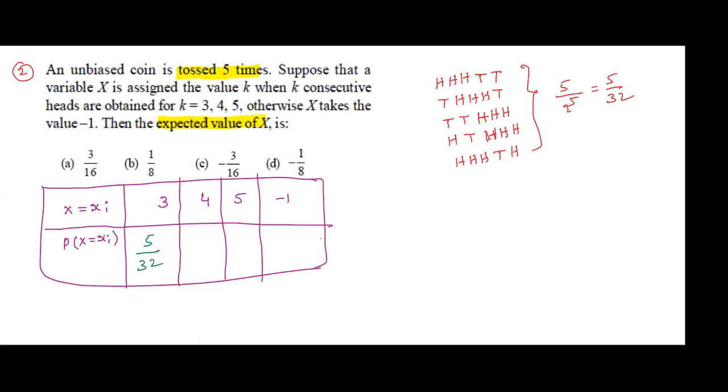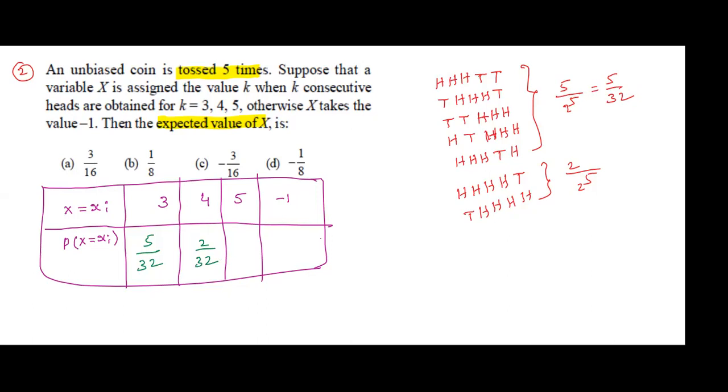Next, 4 heads consecutively we want. See, head, head, head, head, tail. Next, tail, head, head, head, head. How many chances here? Only two chances, so probability is 2 by 2 power 5, that is 2 by 32.